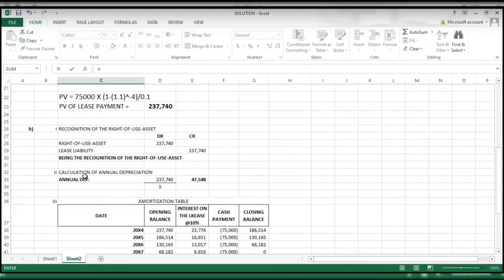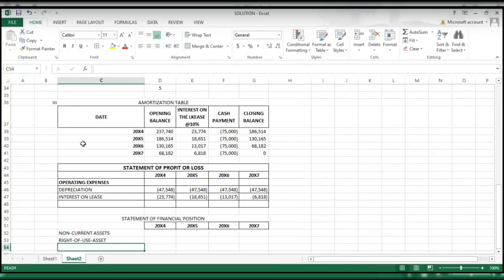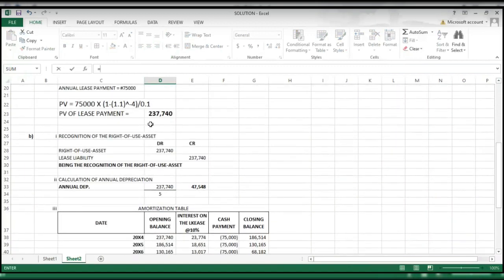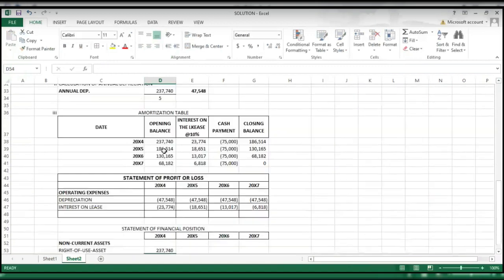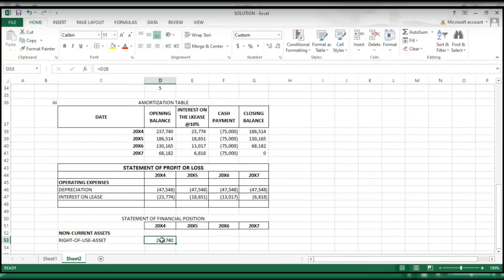The right of use asset is the name for a lease. The cost is what we are going to be having constantly over the life of the asset. Don't forget, we are using historical cost, so it's going to be constant.